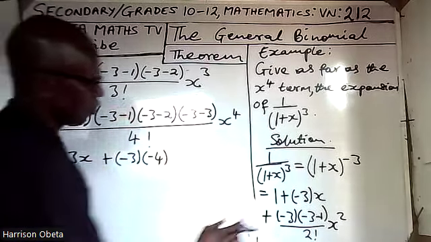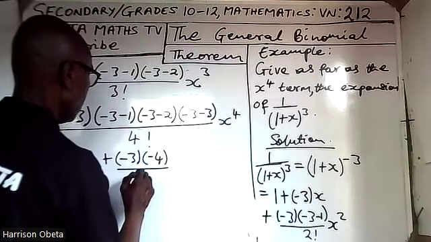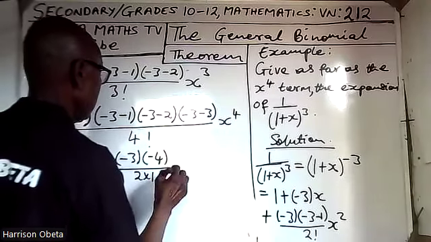Where did we get minus 4? Minus 3 minus 1 is minus 4. All over 2 factorial, 2 times 1.